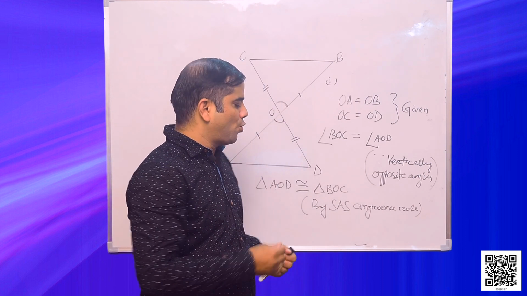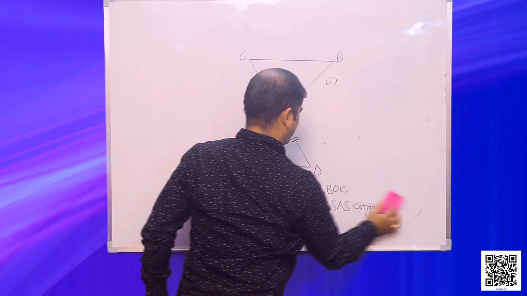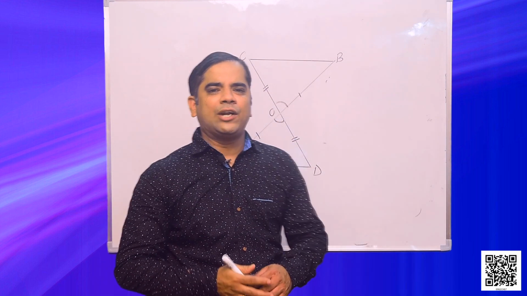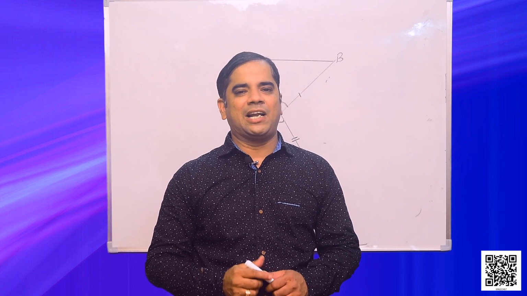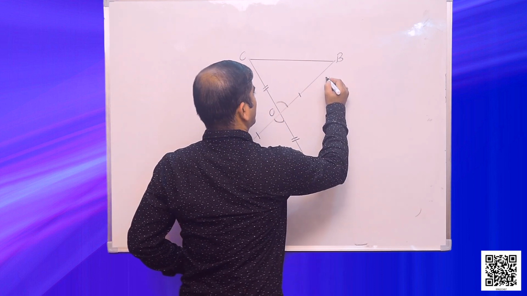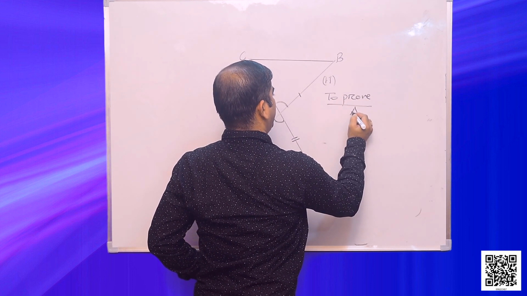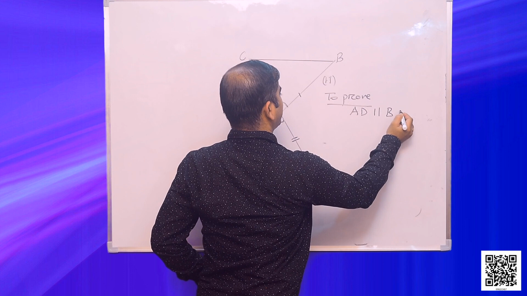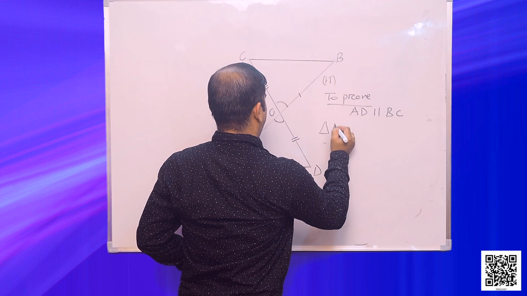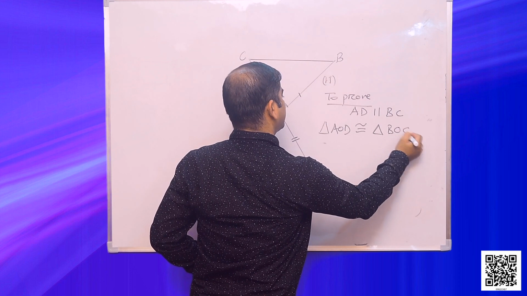So, let us go for the second part. We need to prove that AD is parallel to BC. Okay? Up to now we have proved that triangle AOD is congruent to triangle BOC.